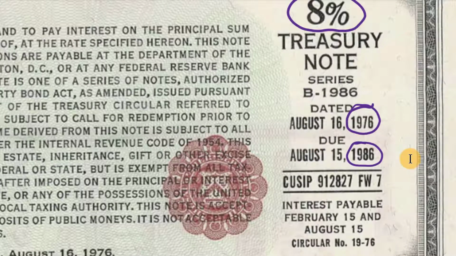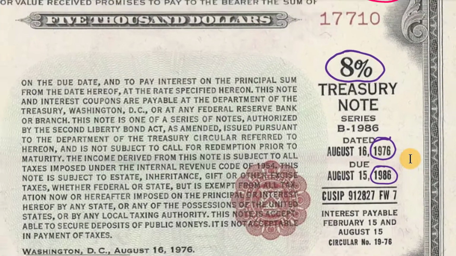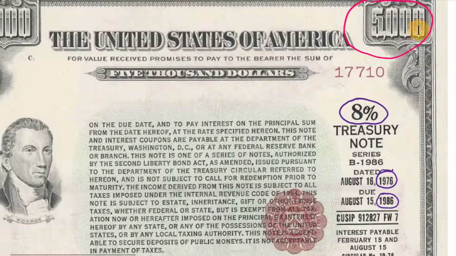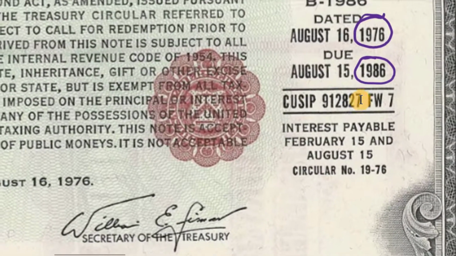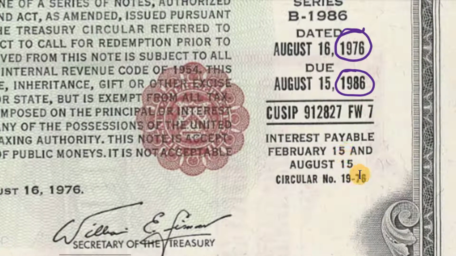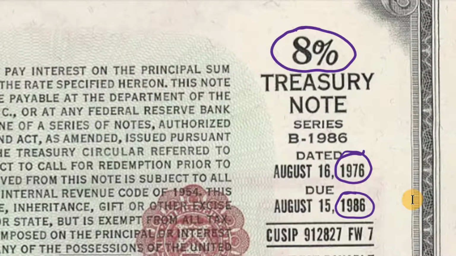Now, interestingly though, this 8% interest, so 8% of $5,000 would be $400 per year. But that interest on this particular bond is not paid yearly. It says down here that the interest is payable on February 15th and August 15th. So it's paid semi-annually, twice a year. Even though this is a 10-year bond, we're going to be thinking about this bond as being a 20-period bond, 6-month periods, and therefore our interest rate isn't going to be 8%.